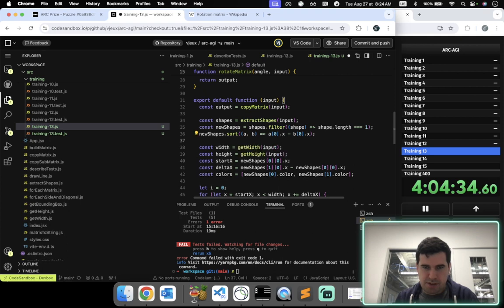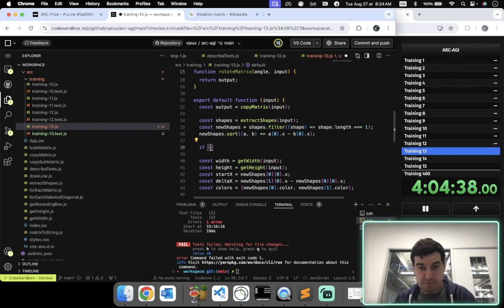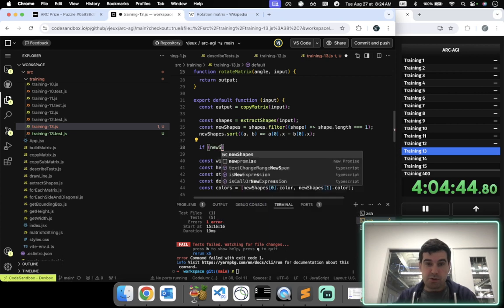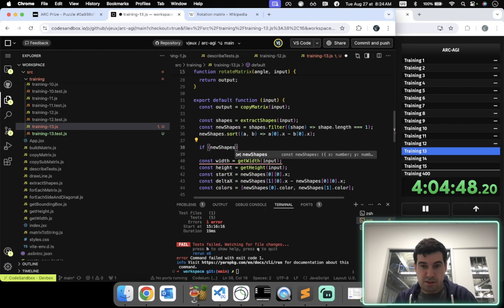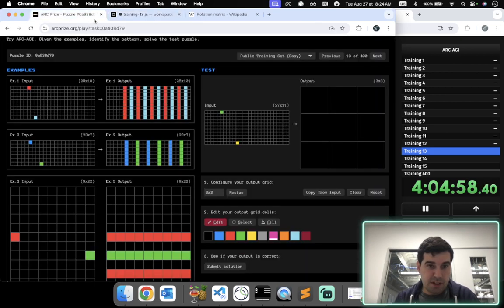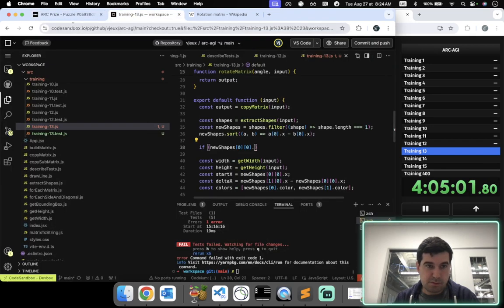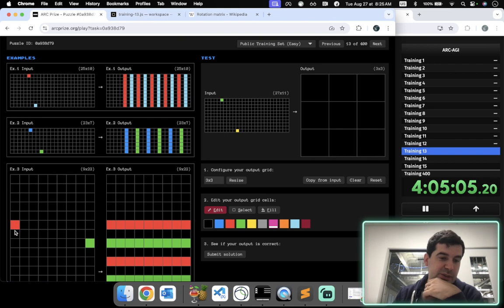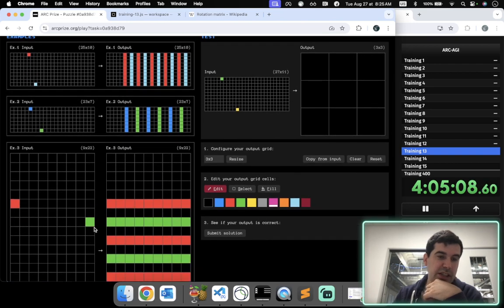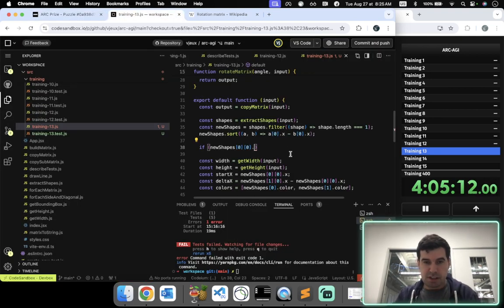Okay, so now what we want is if new shapes, so if the x is 0 or the x is width minus 1, that is, shapes.0 that x equals 0 or shapes.0 that x equals width minus 1.